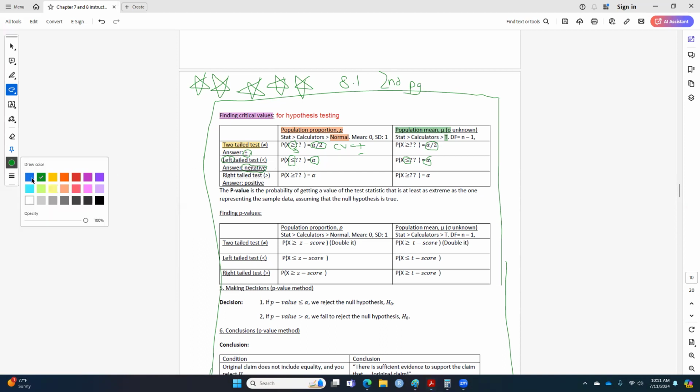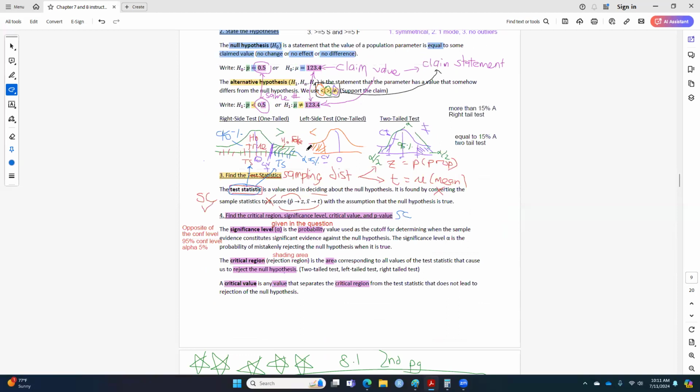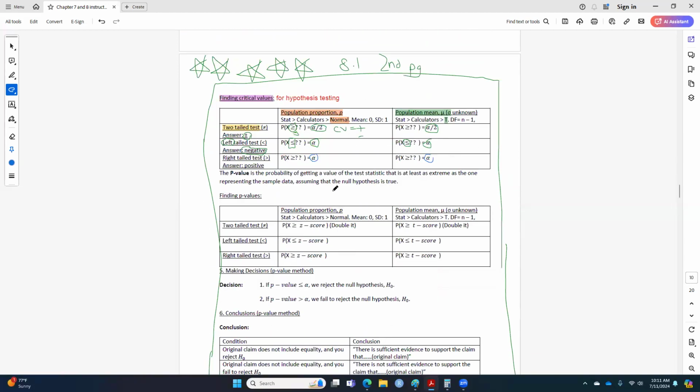And then for the right-tail test, we're still going to use the whole alpha, because it is just one tail. That means the whole area takes the whole alpha, 5% if you use a 95% confidence level. For the right-tail test, we will only use the symbol greater than or equal to, not less than or equal to, and your answer in this case is always going to be positive.